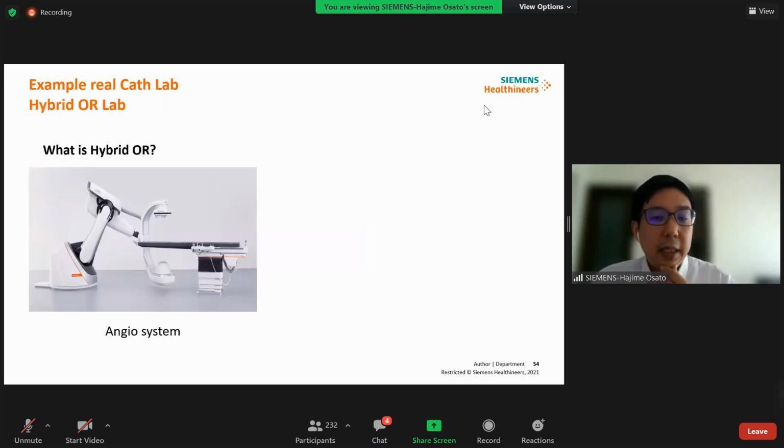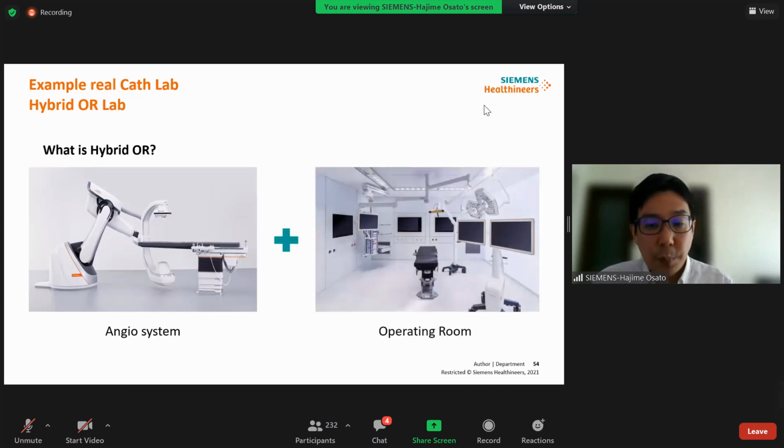And I want to introduce the hybrid OR system. What is a hybrid OR? It is different from a general Cathlab. A hybrid OR is an angio system in the operating room. In a hybrid OR system, the procedure type is also different.